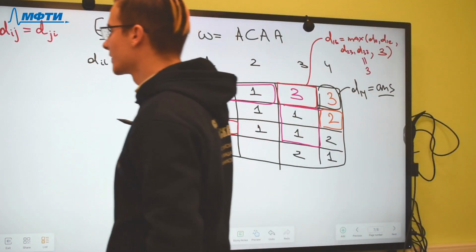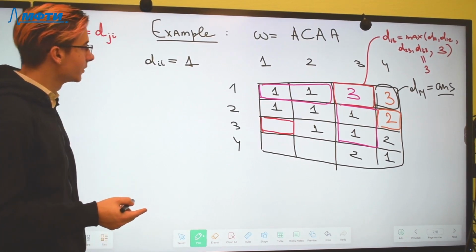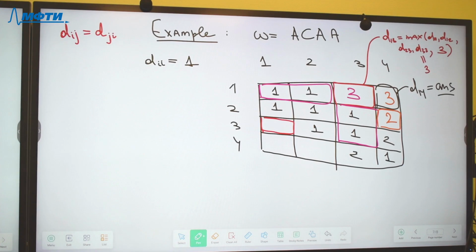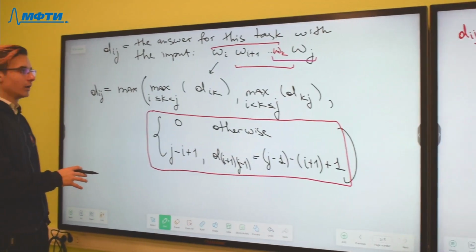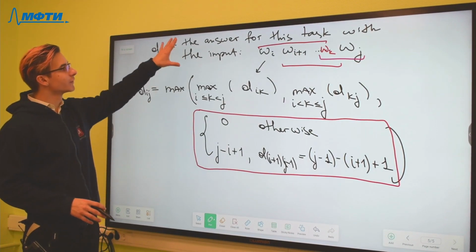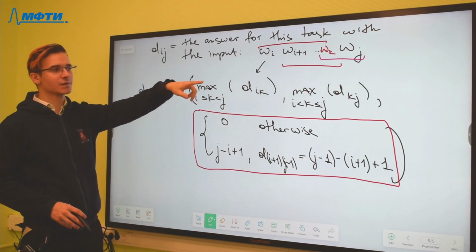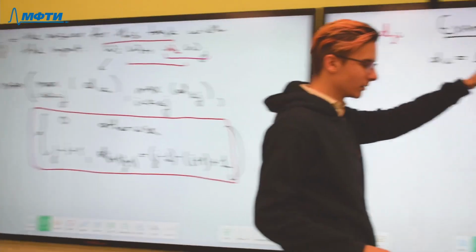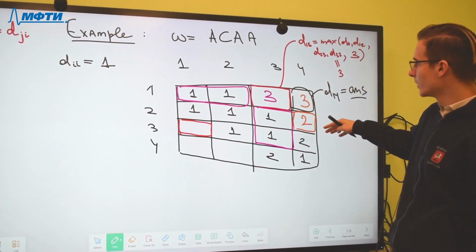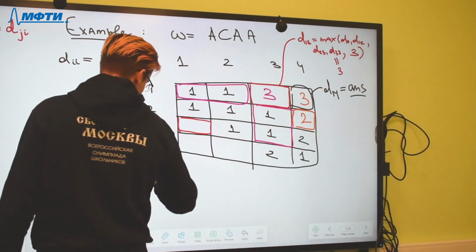So it's about dynamic programming. You see that if we find the correct recursive formula, if we understand how to divide it into subtasks, and use the right structure to memorize the information, we get the answer by dynamic programming.